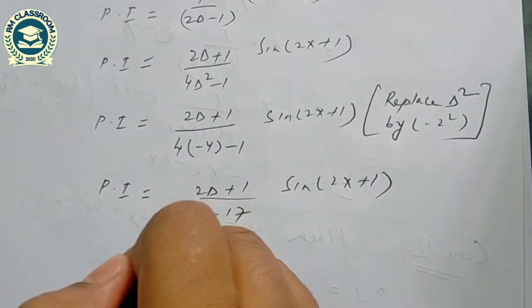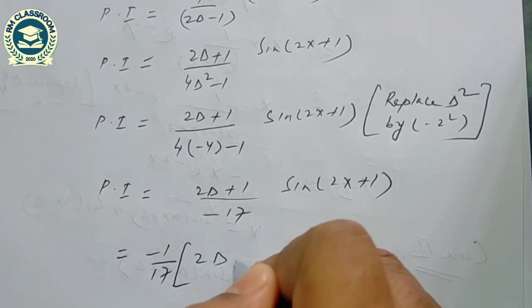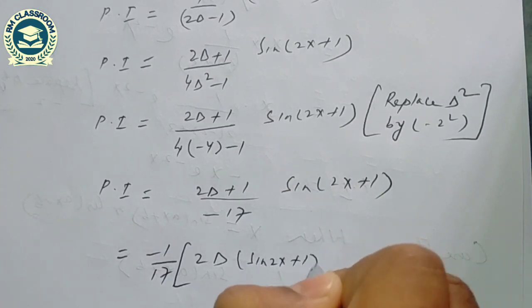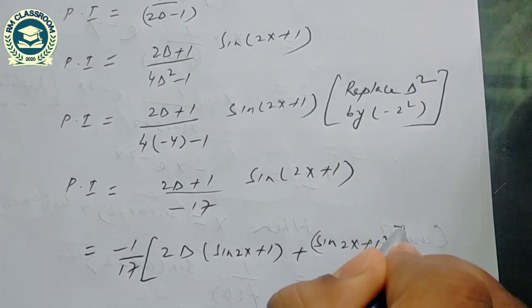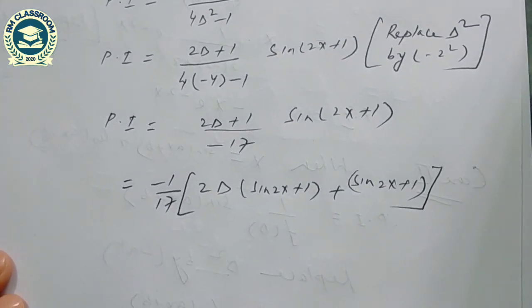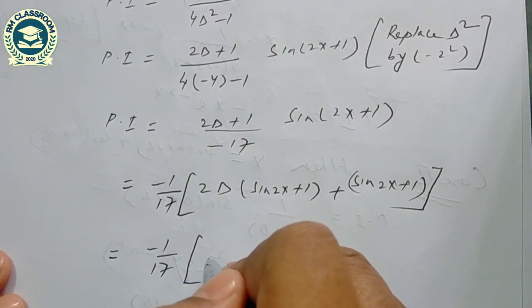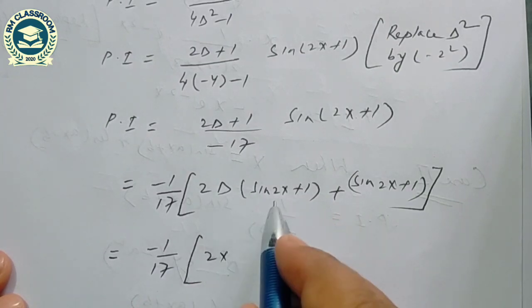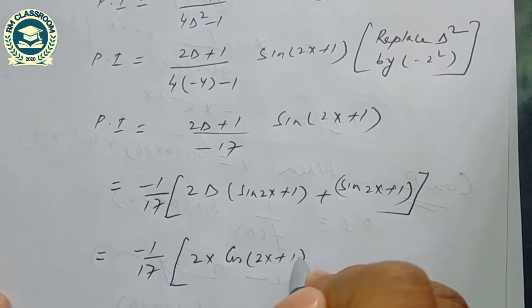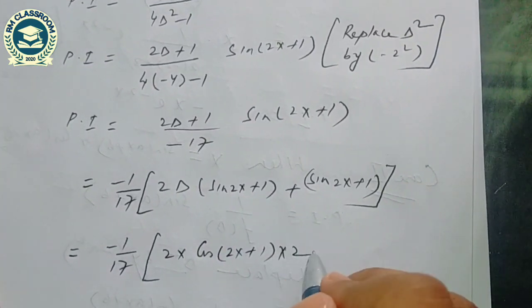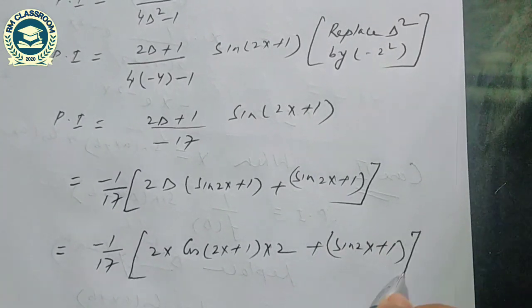So it is -1 by 17 times (2D sin(2x + 1) + sin(2x + 1)). The differentiation of sin(2x + 1) is cos(2x + 1) into 2, plus sin(2x + 1).